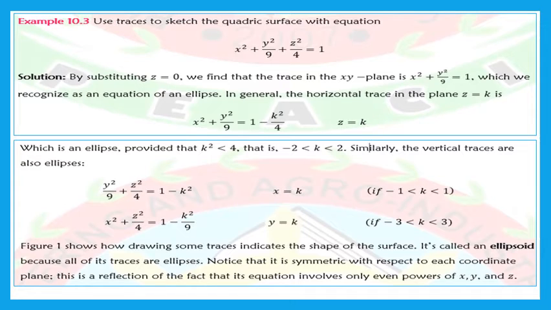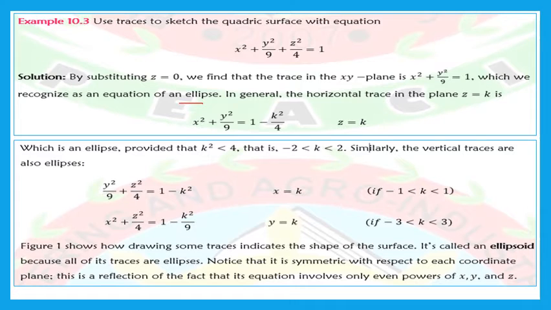Okay, so by substituting z equals 0, we find that the trace in the xy plane is x squared plus y squared over 9 equals 1, which we recognize as an equation of an ellipse. When we set z equals 0, ang matitira na lang na equation is sa xy plane, x and y.